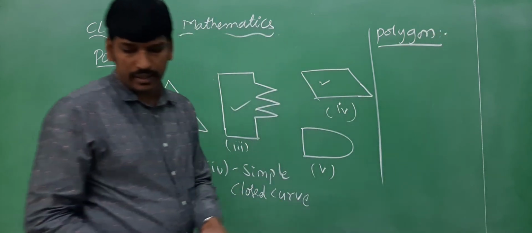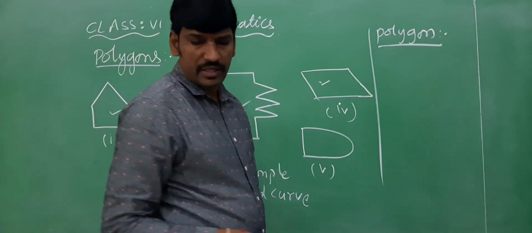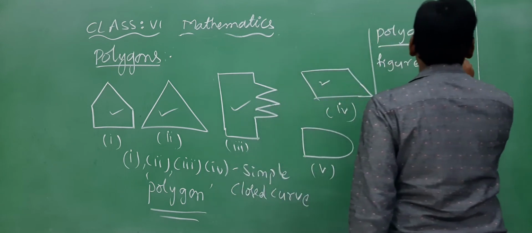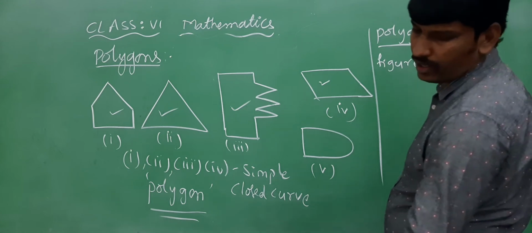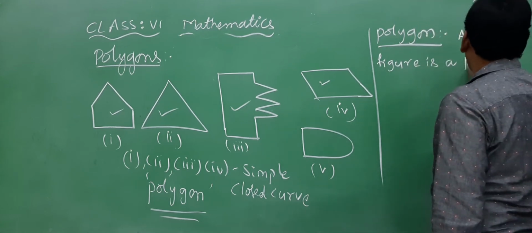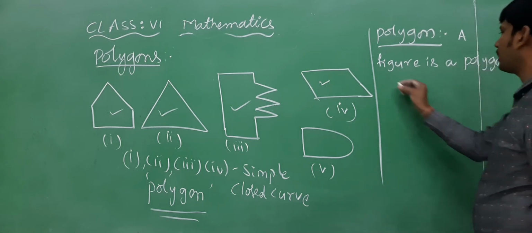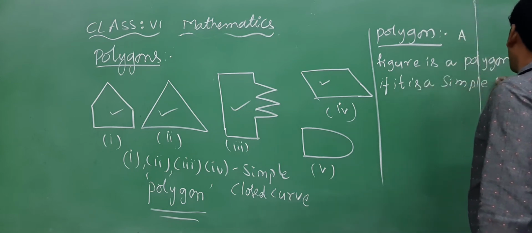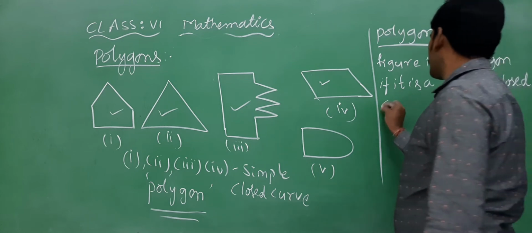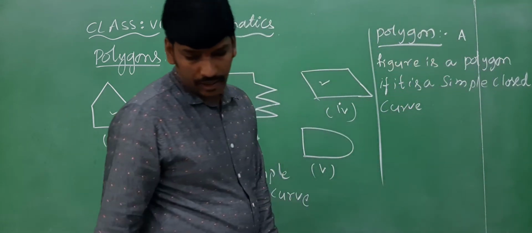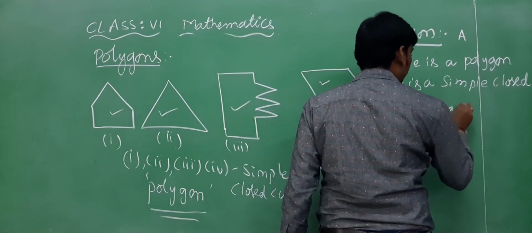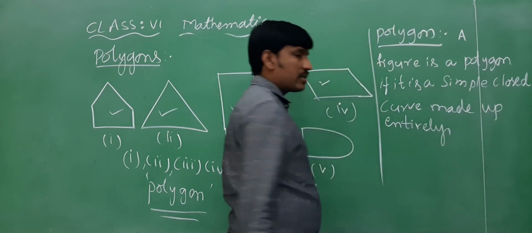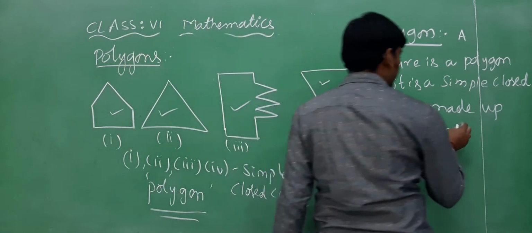A figure is a polygon if it is a simple closed curve made up entirely of line segments.